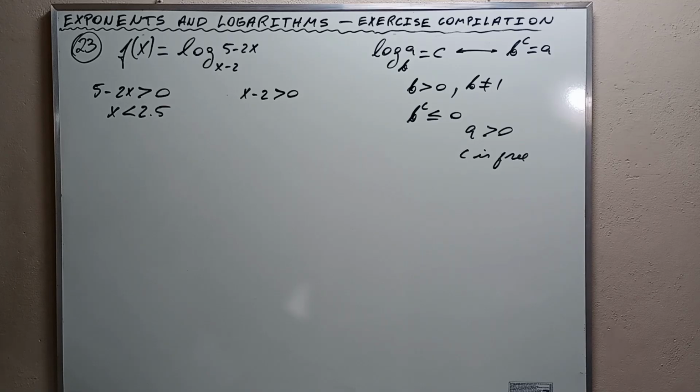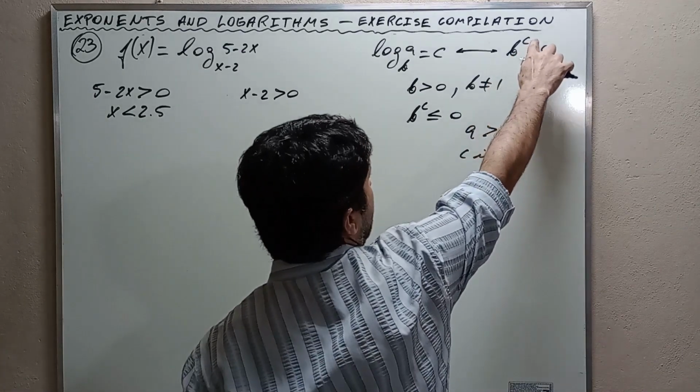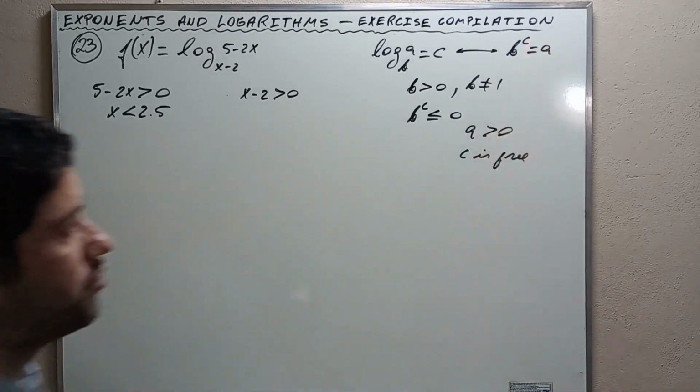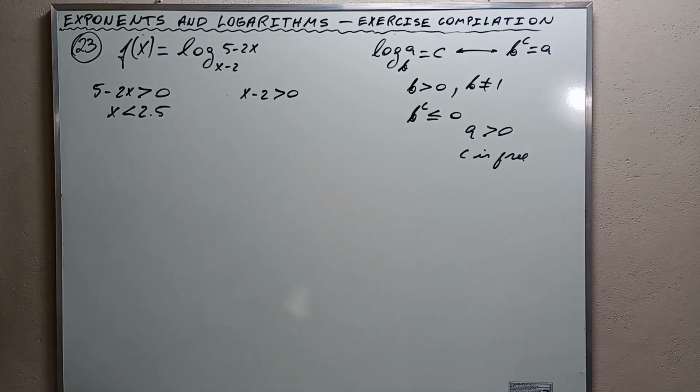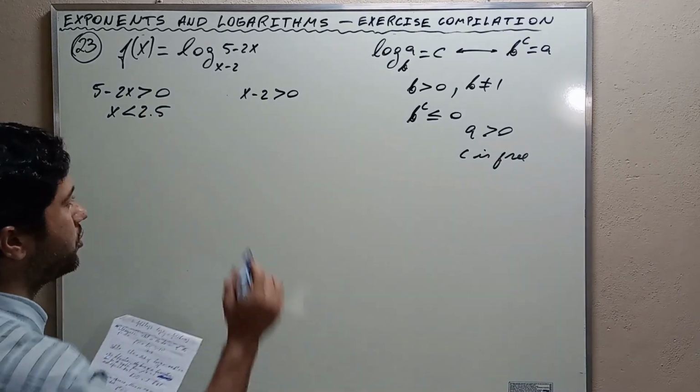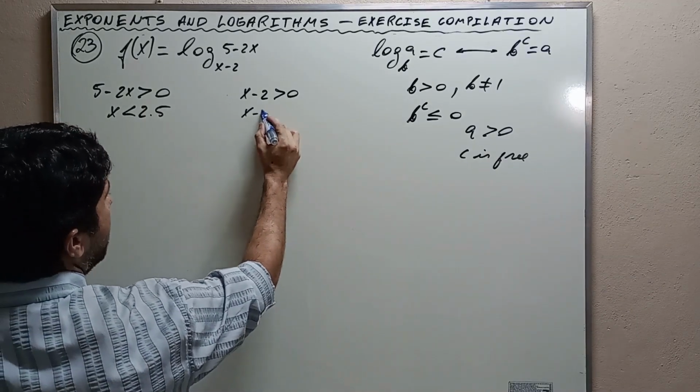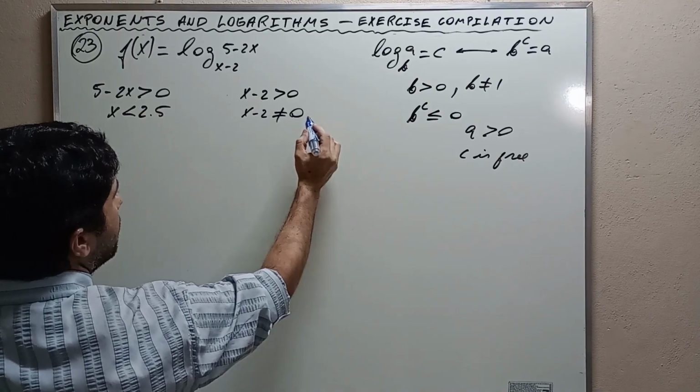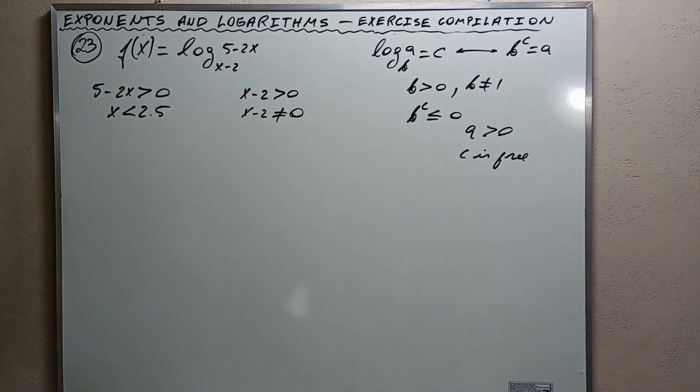Why not? If the base is 1, then there is a problem there. Because we can put any number here in the place of c and it is 1 all over to infinity. So to not make our logarithm get stuck or stall if you prefer, we have to impose this condition that x minus 2 has to be different from 1, not 0, different from 1.